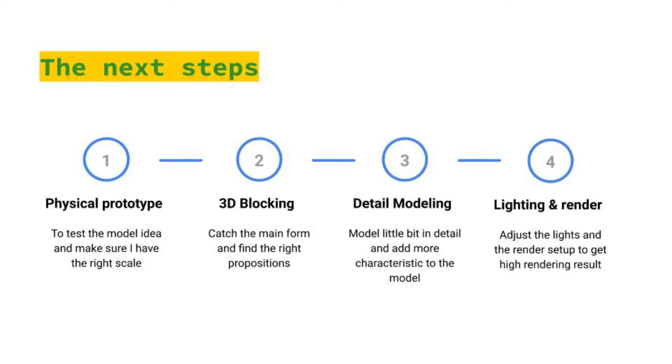I want to add more detail to the blocking, not too much, but minimalistic detail, which makes it different. And then the fourth step is lighting and rendering, and it's supposed to be super high rendered, not in an engine but in render software.